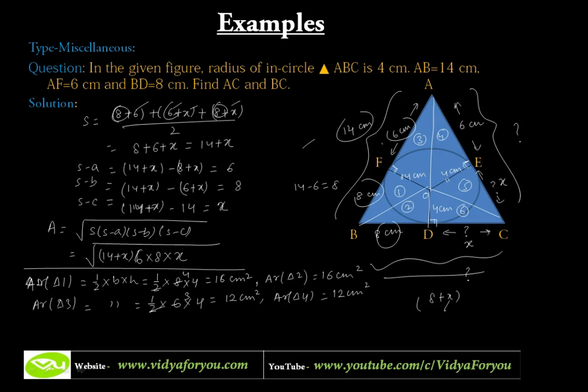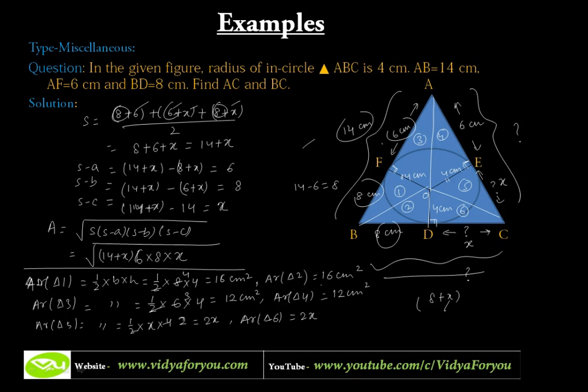Alright, so area of triangle 5 is equal to half into base into height. Half, base is x, height is 4, that is 2x. Okay, similarly area of triangle 6 is equal to 2x.